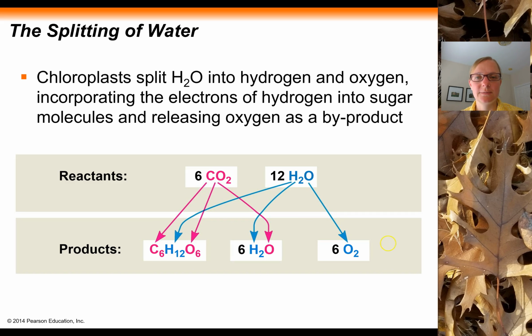So next the question is, well, where does that oxygen come from that plants release back into our atmosphere? So scientists then labeled the oxygen in the water instead with radioactivity, gave that radioactively labeled water to plants or photosynthetic organisms, and then they looked at where the radioactivity ended up. And what they noted is all of that radioactivity ended up in the oxygen that was released back to the atmosphere.